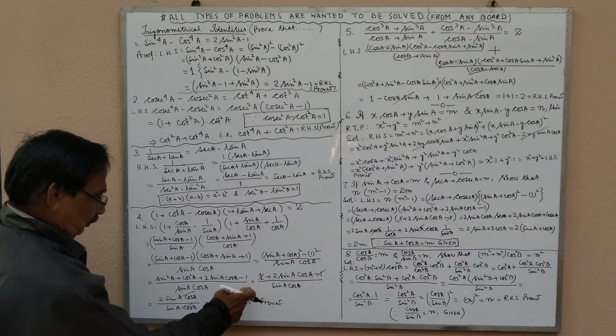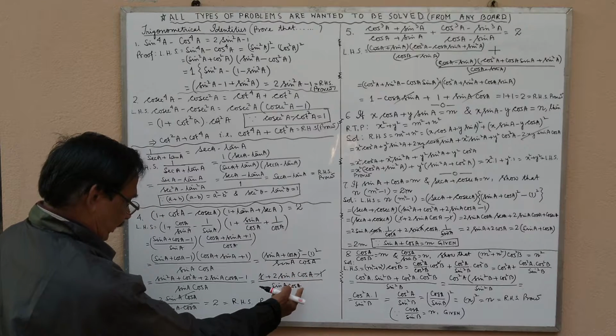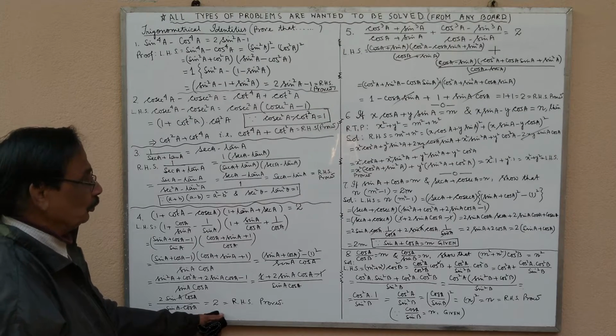This minus 1 and this minus 1 cancel out, leaving 2 sin a cos a by sin a cos a. They will mutually cancel each other and it will be 2.